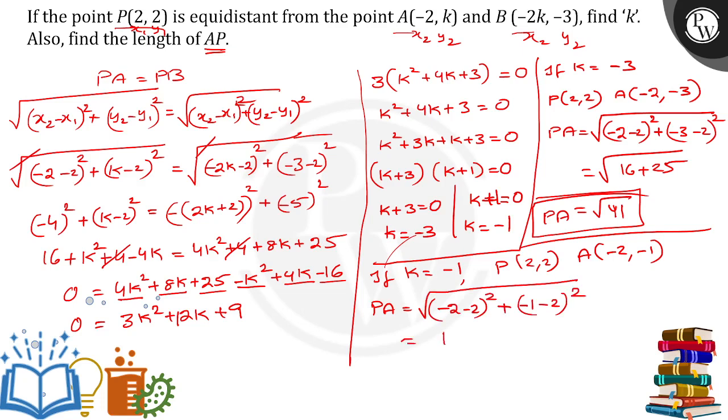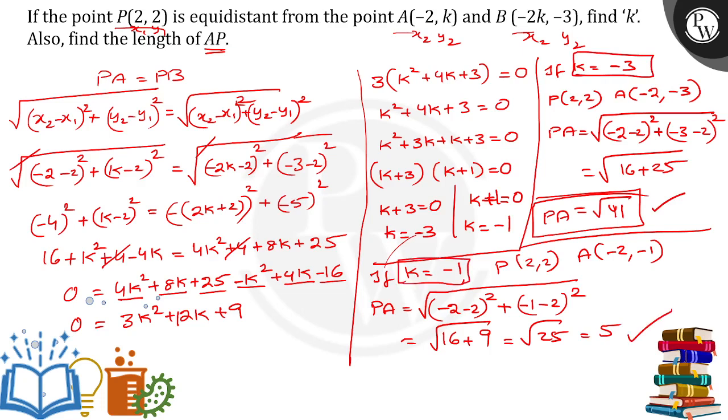So 4 square is 16 plus 9. So square root of 25 is equal to 5. Okay, so if k equals minus 3, then the PA value is root over 41. If k value is minus 1, then PA value is equal to 5. Thank you.